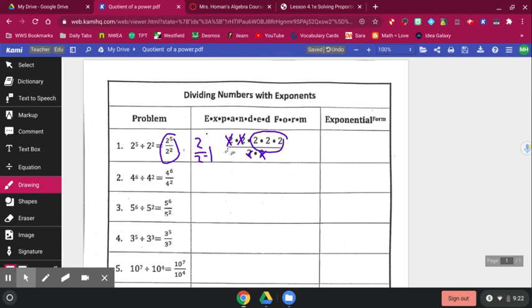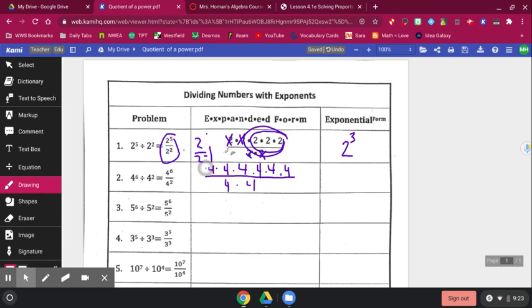So then we have our exponential form of what's left. So we have 2 to the 3rd power, because there's 3 2's. Number 2, we have 4 to the 6th, so we're going to have 1, 2, 3, 4, 5, 6, and all of these are going to be multiplied times each other, divided by 4 to the 2nd, so 4 times 4.